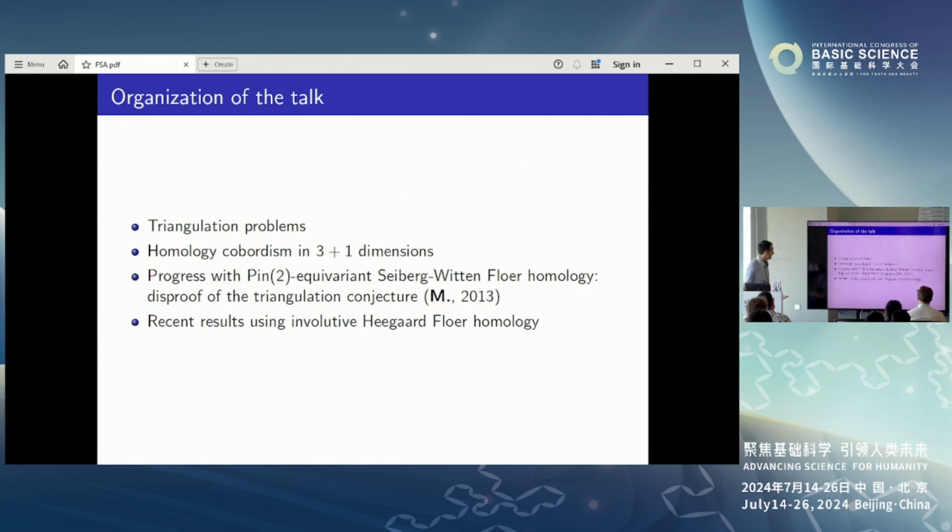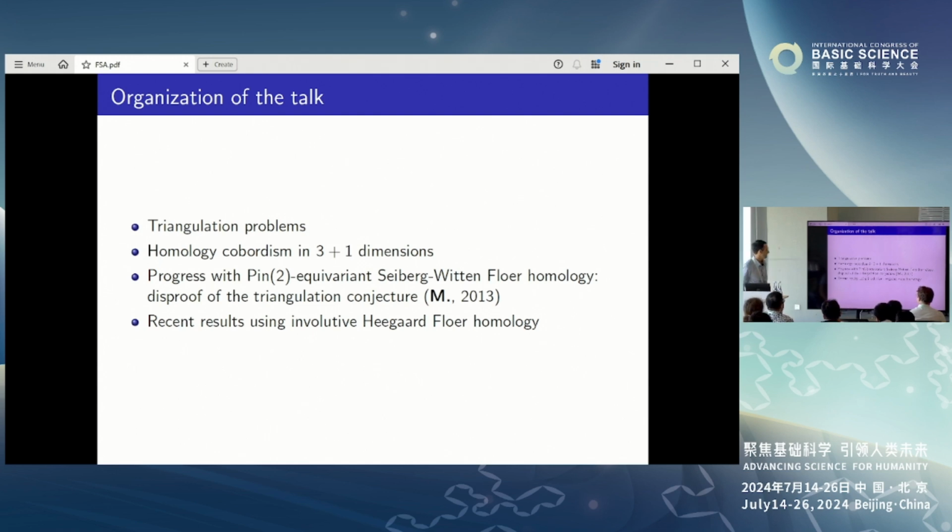And then I will explain the disproof of the triangulation conjecture, which was previously reduced to something in 3+1 dimensions, using some tool called pin2 equivariant Seiberg-Witten Floer homology that I developed for that purpose.